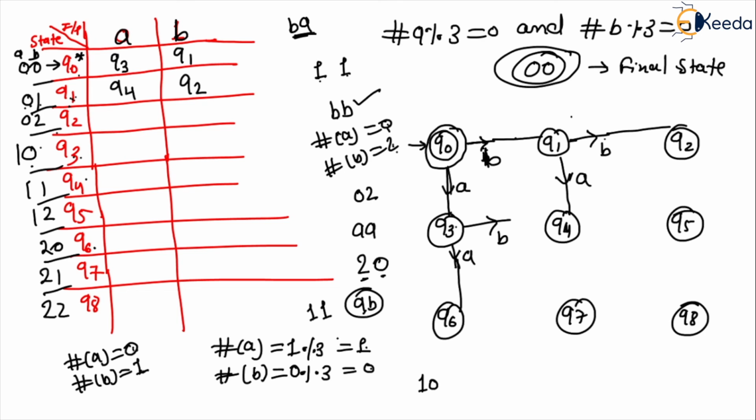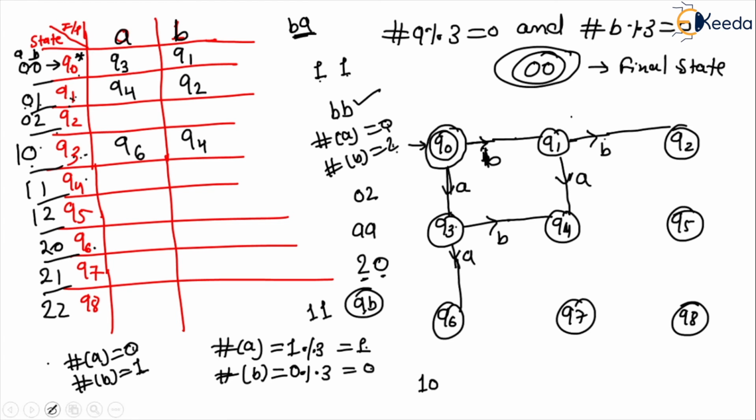So 1, 1, both are less than 3, means it generates the remainder 1, 1, means it ends on the state whose remainder is 1, 1. So Q3 on input B goes to Q4. Got it? So we first solve the Q3 state, and after that we can solve Q4. There is no issue. So on the input A, it goes to Q6. On input B, it goes to Q4.